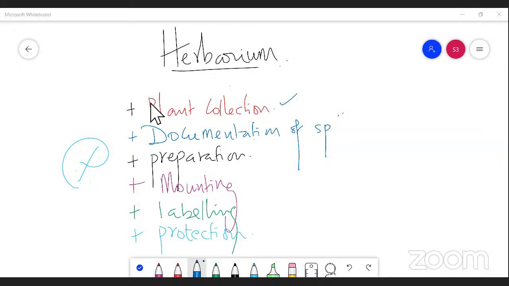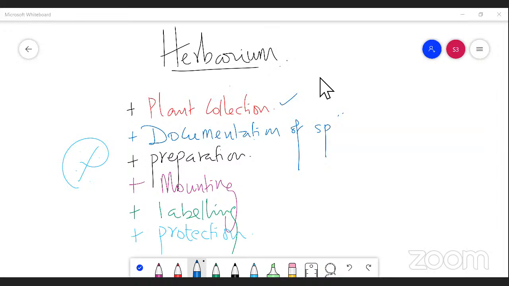Plant collection, documentation of species, preparation of specimen, mounting, labeling, and protection. Protection of herbarium sheets against mold and insects. And finally, protection: the sheets are stored and mounted on a specific sheet, which is protected in a storehouse by using some chemical agent.